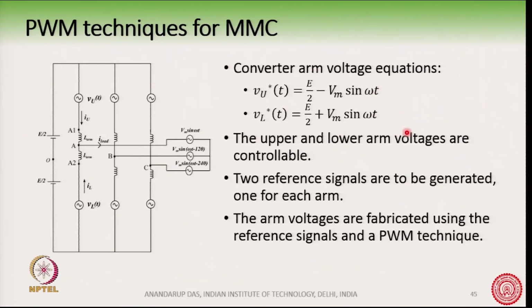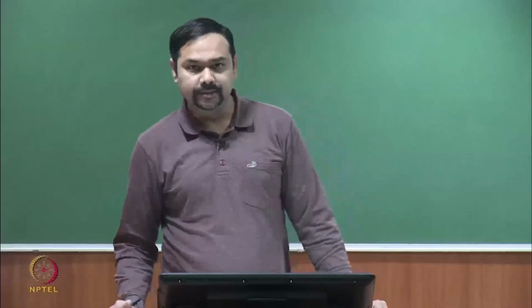Of course, this is for the AC to DC or DC to AC applications. The reference voltages I have written here are for AC to DC or DC to AC, that is the conventional MMC applications. The reference voltages will change when we convert from 3-phase AC to 3-phase AC or 3-phase AC to single phase AC.